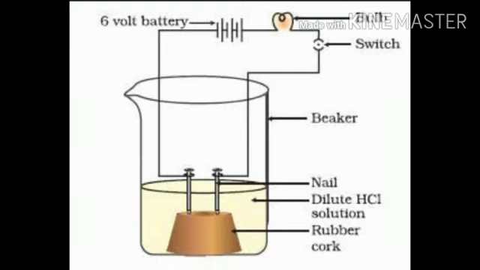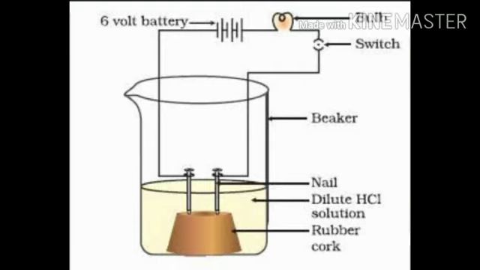Let us first pour dilute hydrochloric acid in the beaker and switch on the current. We will repeat this experiment separately with glucose, alcohol, and sodium hydroxide solution. We will observe what happens then. Does the bulb glow in all the cases?